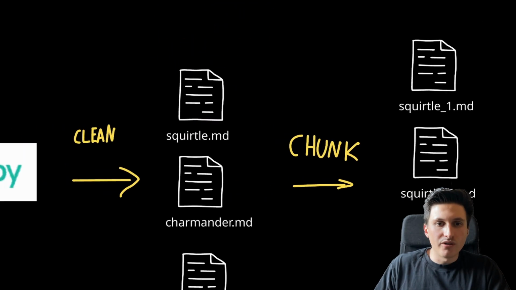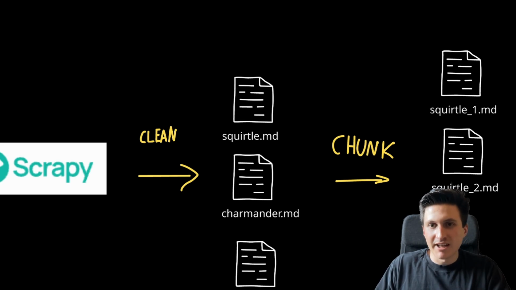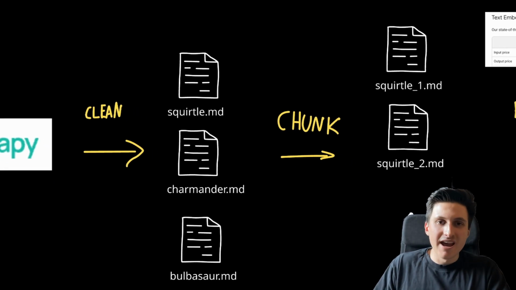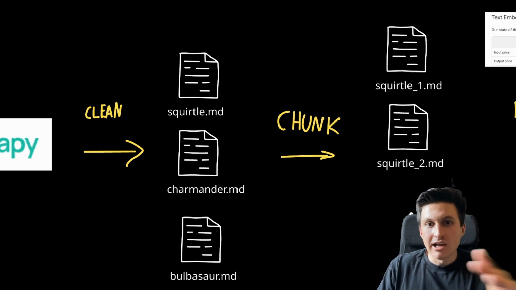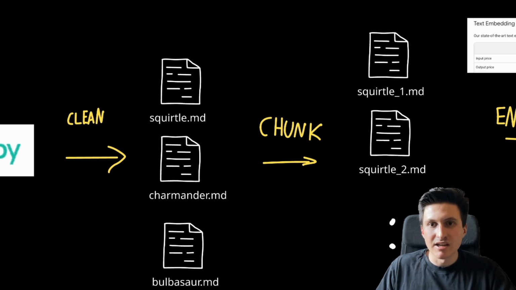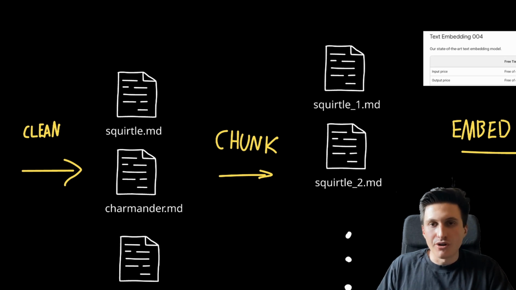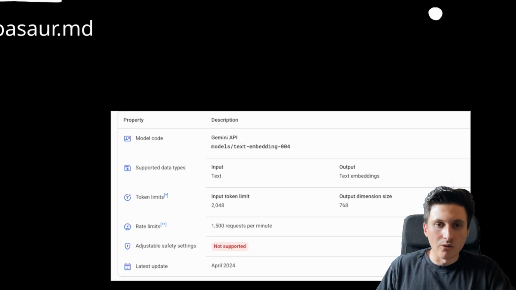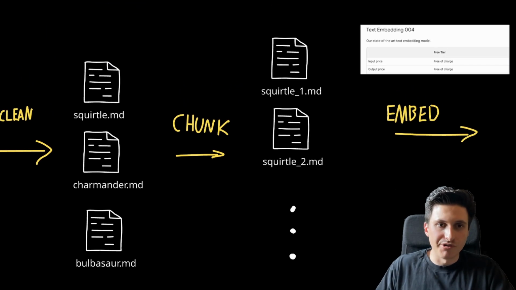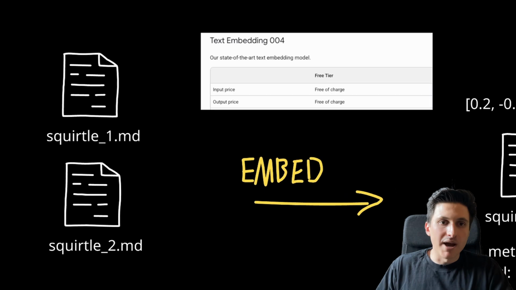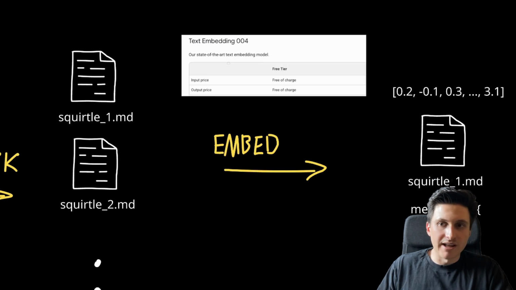We need to make sure that each document can actually fit in the embedder, and as documents can become quite large, longer than the maximum input size, we basically need to chunk the document, as this is called, into pieces which of course still contain enough information but also fit within the context window of our embedder. So we are also going to do that, which can, for example, result in the Squirtle page getting split into 2 chunks. Then we are going to embed these chunks with our chosen embedder.